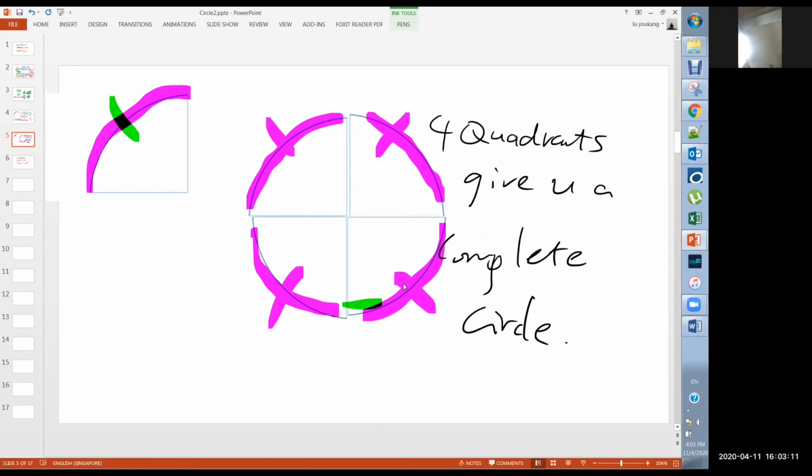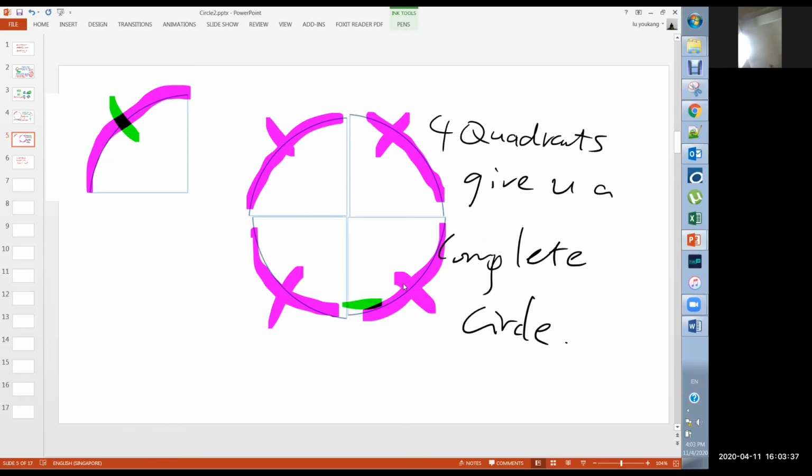Once again, the quadrant purple line is 1/4 of the circle. Because 4 quadrants add to get a circle. Very good.